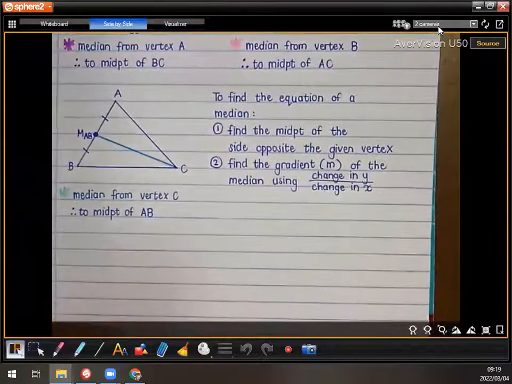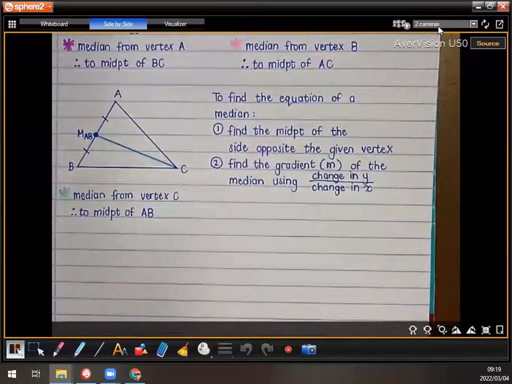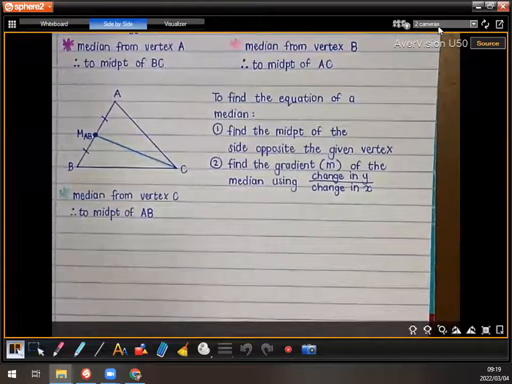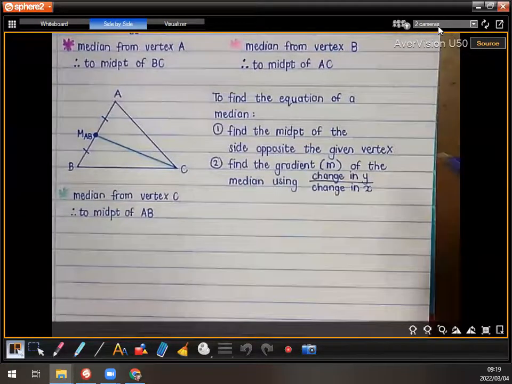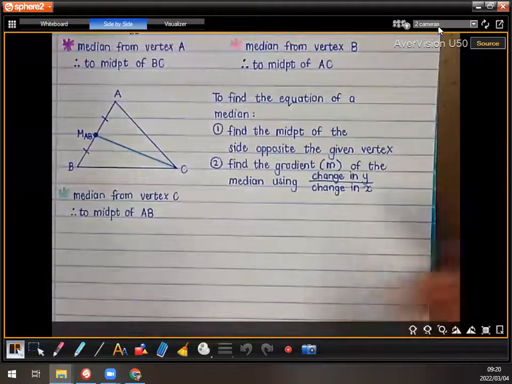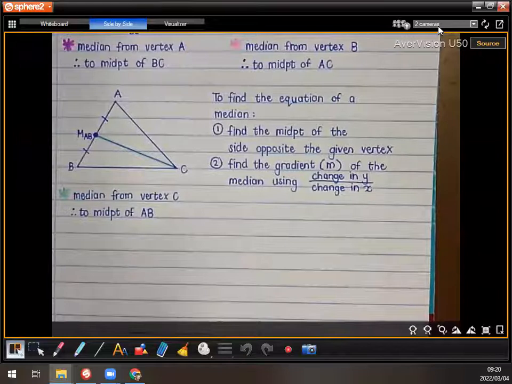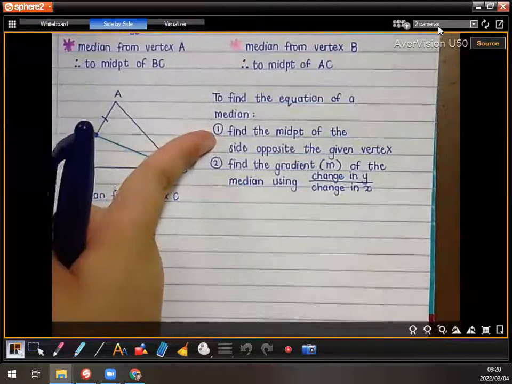Now guys, to do change in y over change in x, you need to have 2 points, like we said already. You're going to do the y value of the one minus the y value of the other, that's your change in y, over the x value of the one minus the x value of the other, that's change in x. The 2 points you're going to use are the given vertex and the midpoint that you found in step 1.